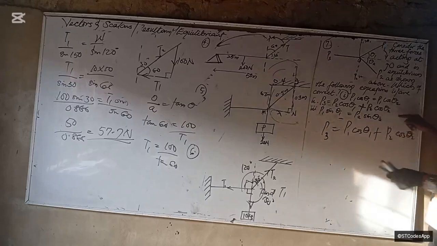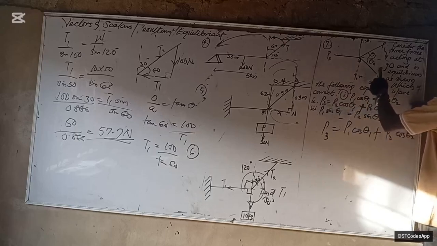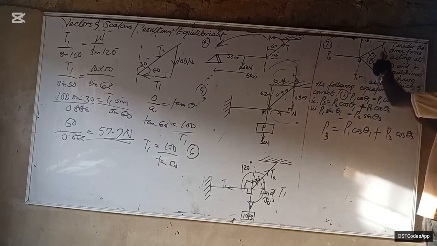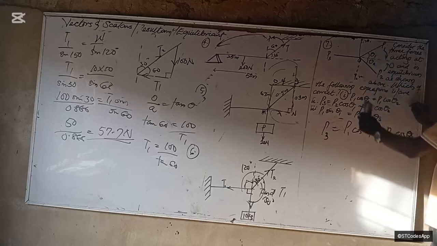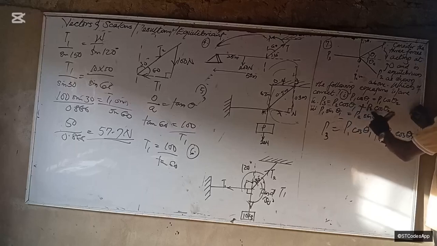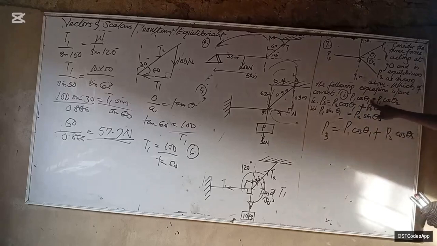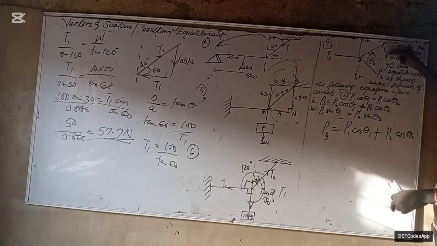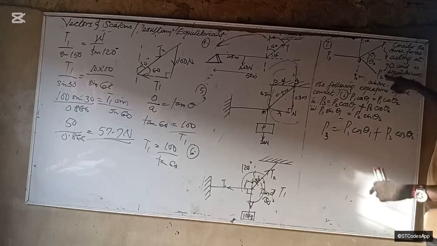P2 cos theta 1 plus, it's supposed to be P2 cos theta 2, right? Let's make sense of it though. First, this one I said P1 cos theta 1, that one makes sense. P2 cos theta 2.